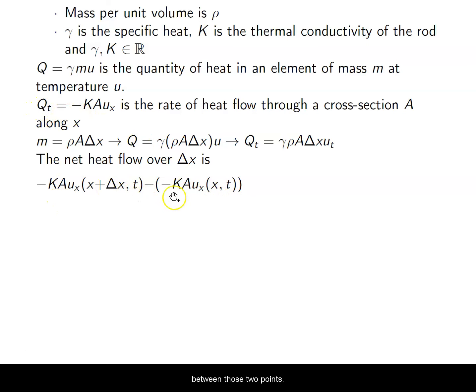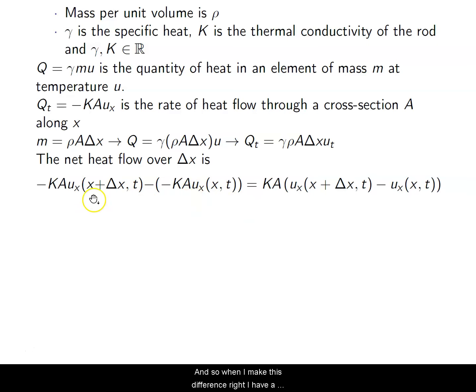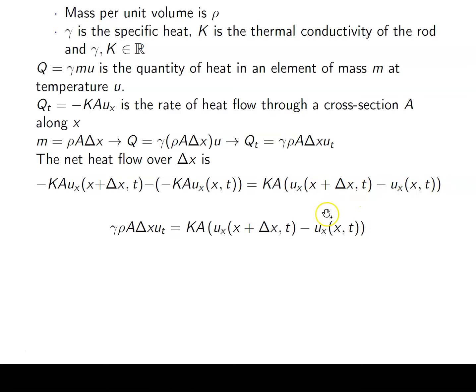So this is Q of T here from X and a little bit past X. That difference will tell me the net heat flow: how much is flowing from this starting point to this point just a little bit beyond, which is delta X. When I make this difference, I have a constant of K A that I can pull out, and then here I just have the difference in my U sub X, the derivative of U with respect to X from one point to the other, right?